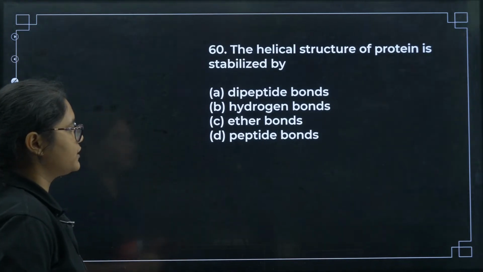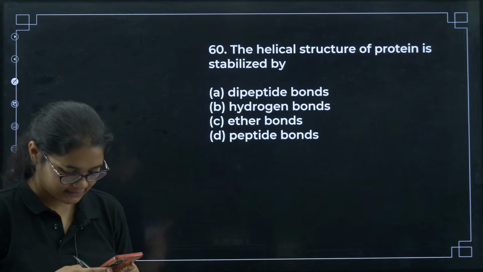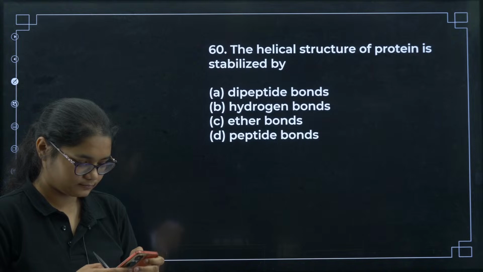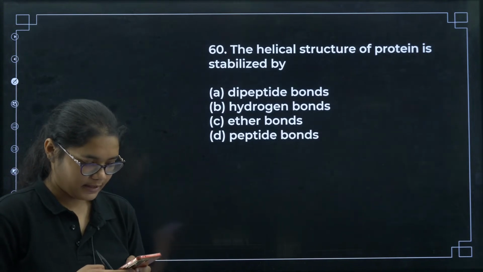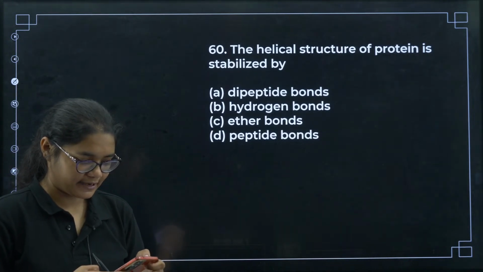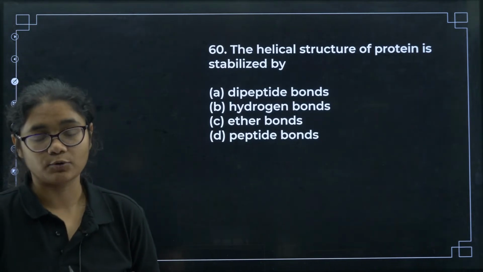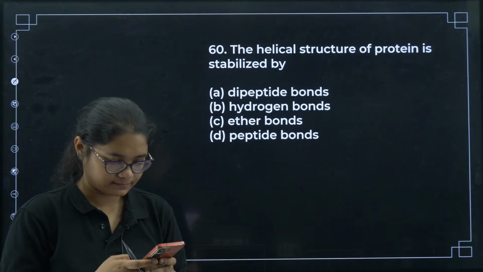Helical structure of protein is stabilized by. Helical structure, you know, alpha helix and beta pleated sheets are formed, right? So, helical structure of protein is stabilized by.